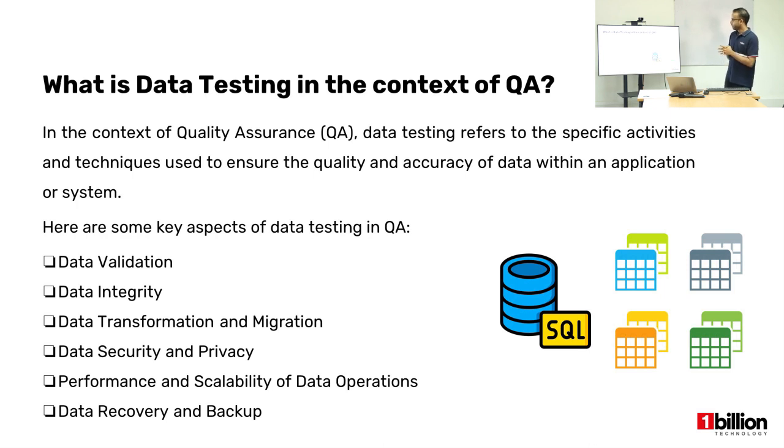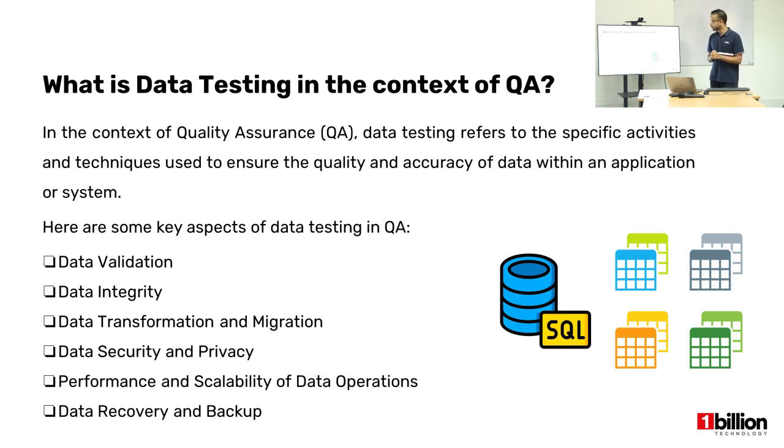So here are some key aspects of data testing in QA. The first is data validation. Data validation relates to the correctness and integrity of the data, mostly focusing on validating the data against rules and standards, as well as the business requirements. Then data integrity.